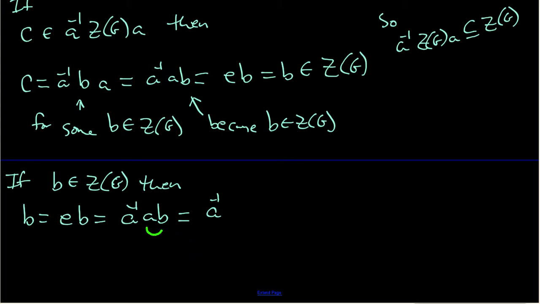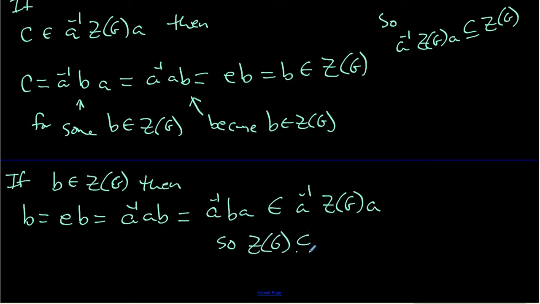So we can write that as A inverse times B, and that's going to be inside of our conjugate subgroup.